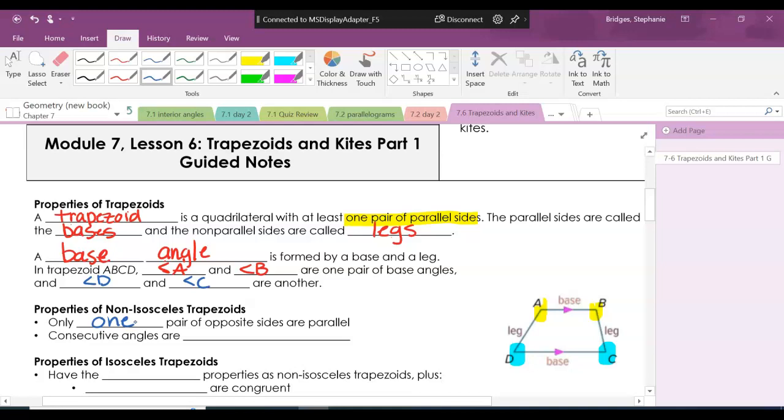So my consecutive angles would either be A and D or B and C. Those consecutive angles are supplementary. So we're talking about A and D add up to be 180, and then B and C also add up to be 180. Those are the only two properties of regular trapezoids.